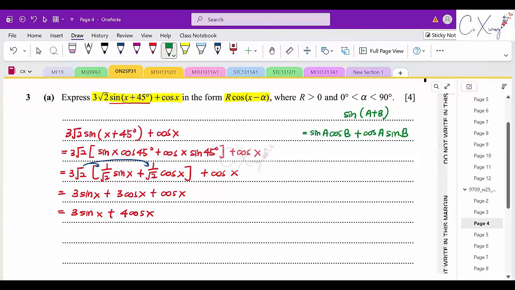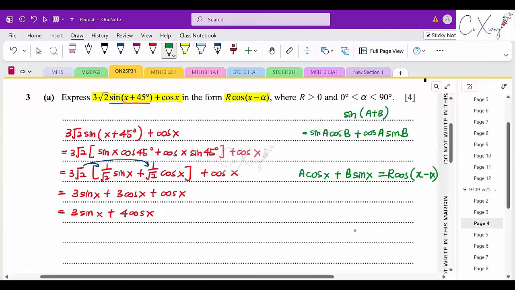As an example, I must have a cos x plus b sine x equals r cos(x minus alpha). If you want it to become the cos, then you have to rearrange your equation so it becomes cos here, at the beginning, because it will affect your values of a and b.